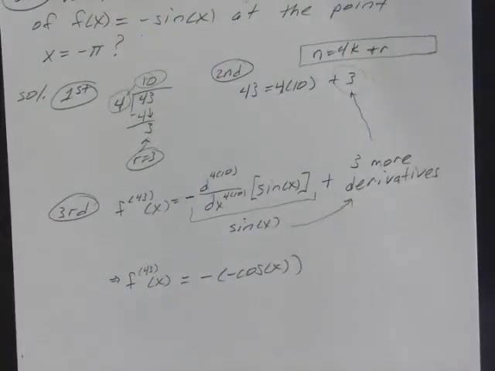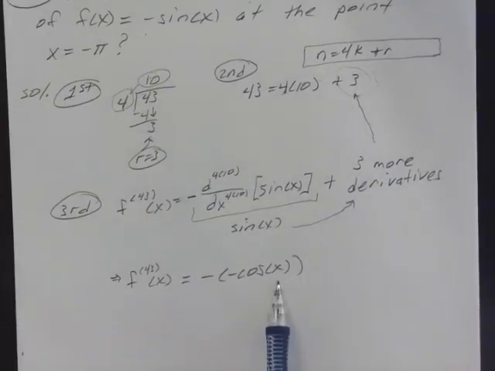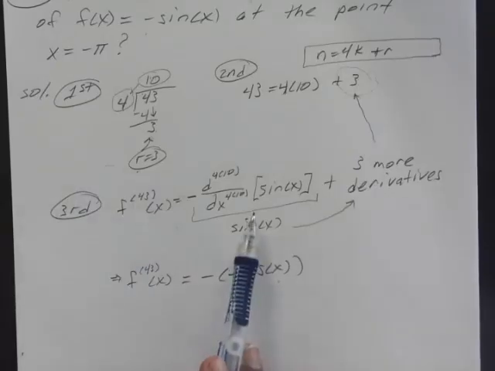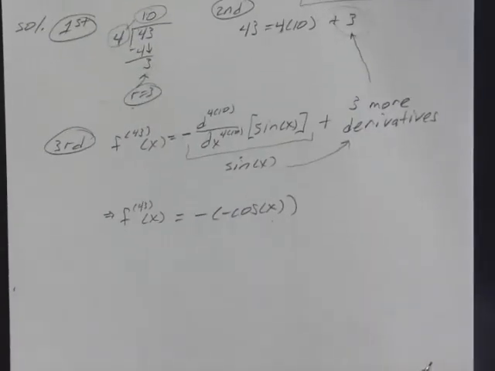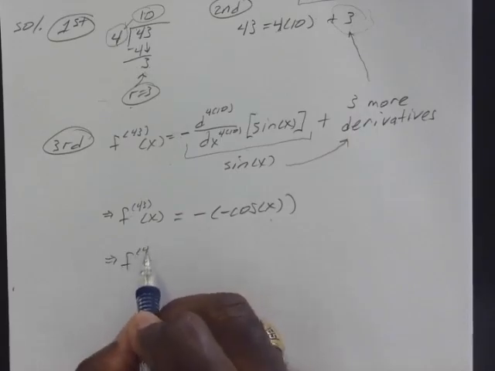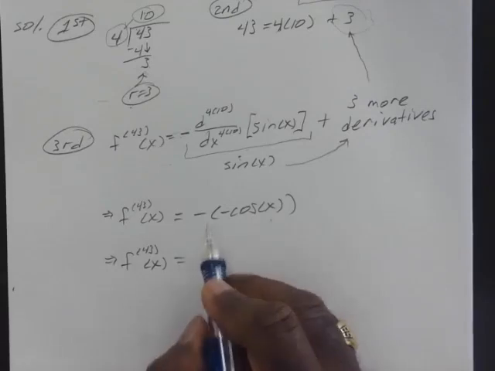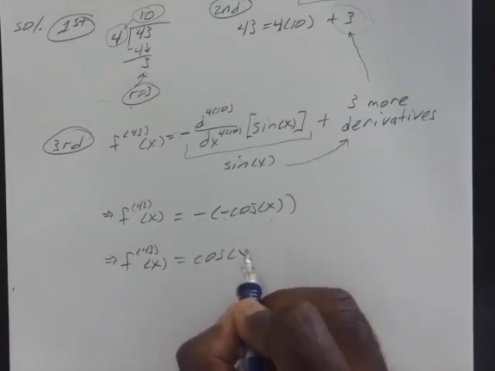On this one, since the remainder is 3, it's just the 3rd derivative, which is negative cosine of x. So whatever your remainder is, that's the derivative you're going to use. You replace that sine of x with that 3rd derivative. So the 43rd derivative has negative cosine, which is just positive cosine of x.